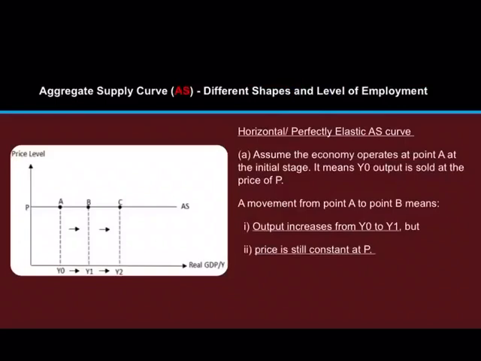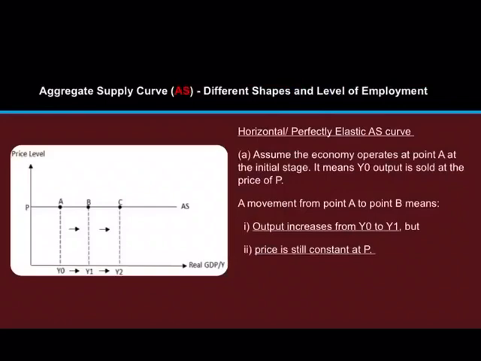We may also have a vertical line of AS. We have three cases: AS as a horizontal line, AS as a vertical line, and AS as an upward sloping line, your simple supply line, which slopes upward from left to right. There are three cases. Let me go through them one by one.